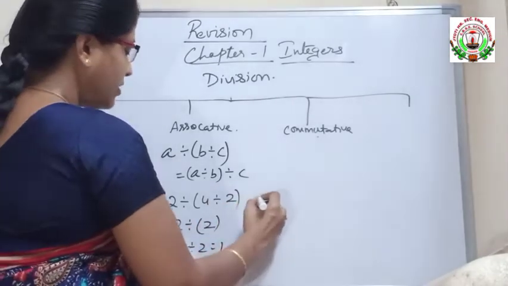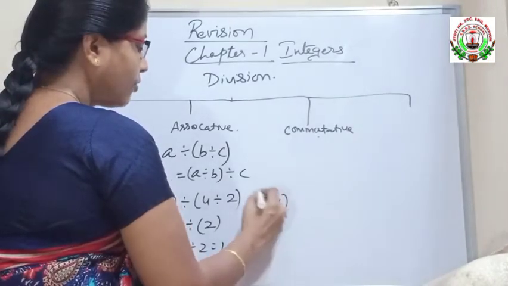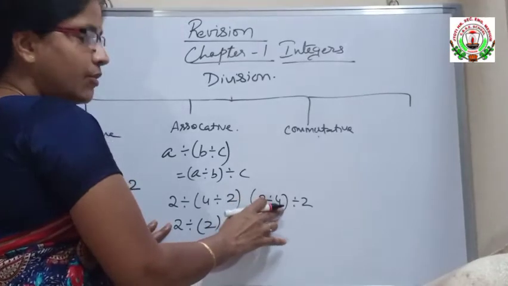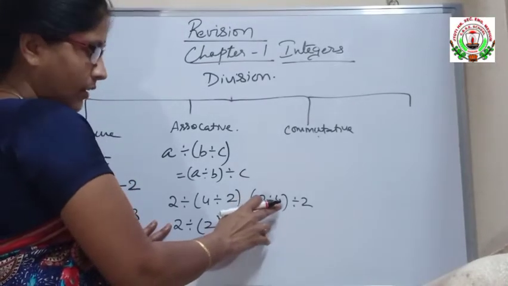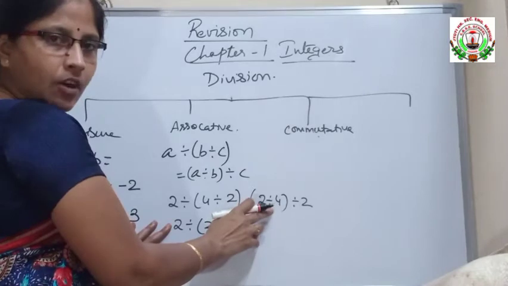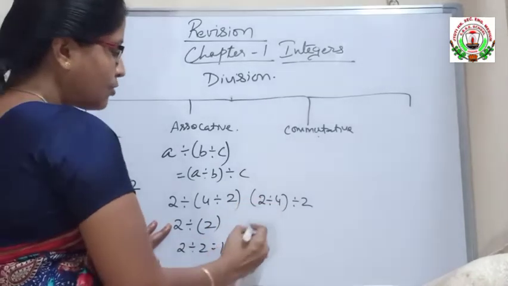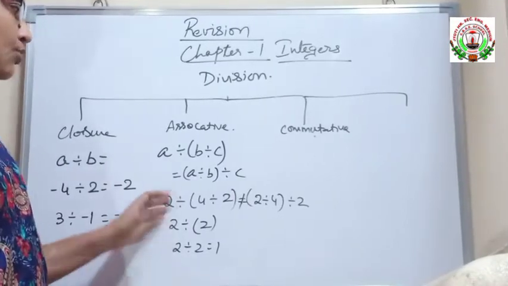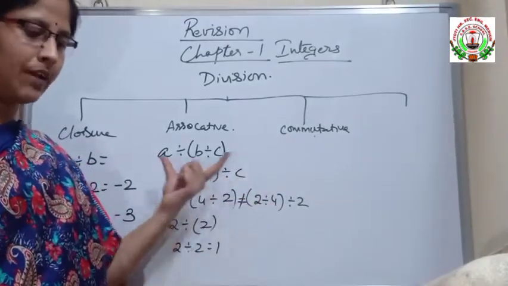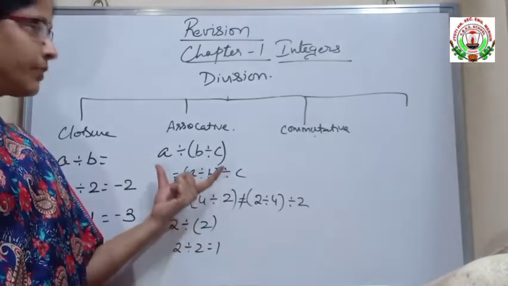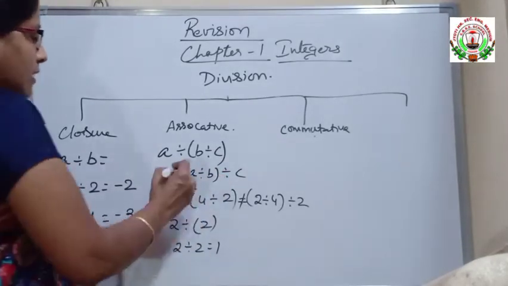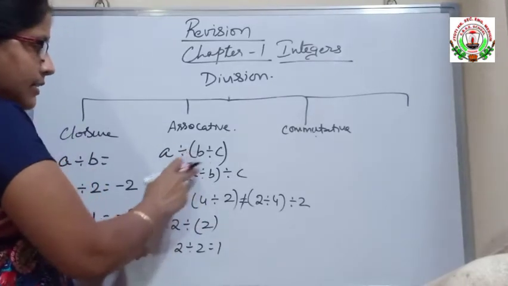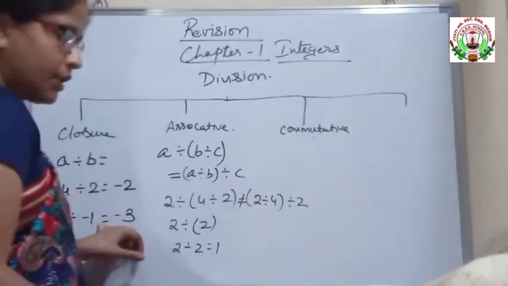When we change it, 2 divided by 4 divided by 2, 2 divided by 4 is not the same value. So here it is not applicable. It is not equal. So we have to see the numbers and do it. Means this associative property is like this.